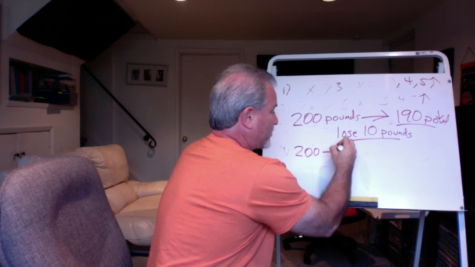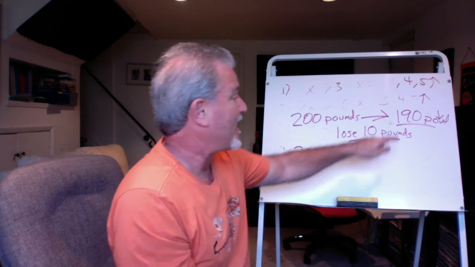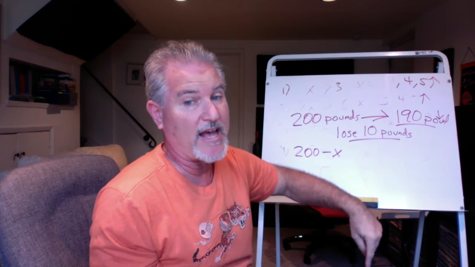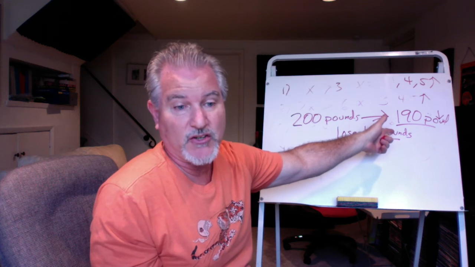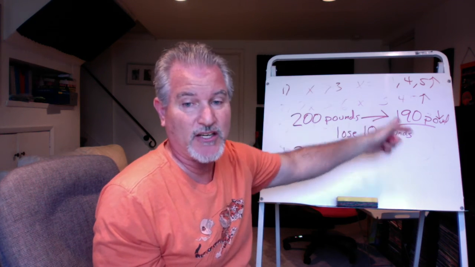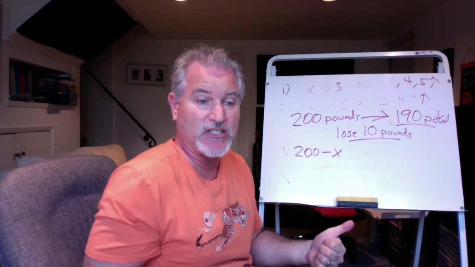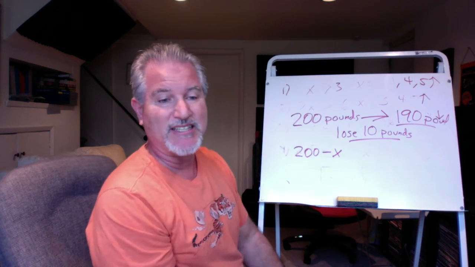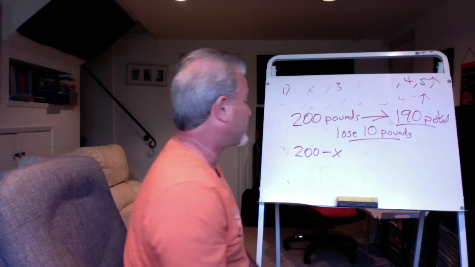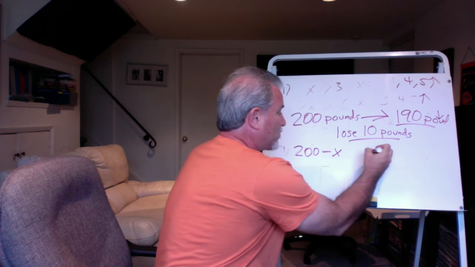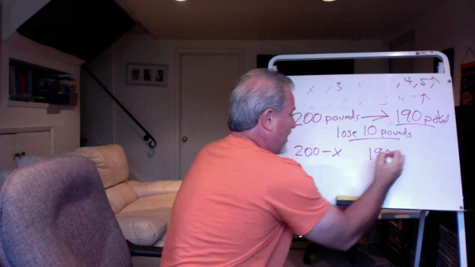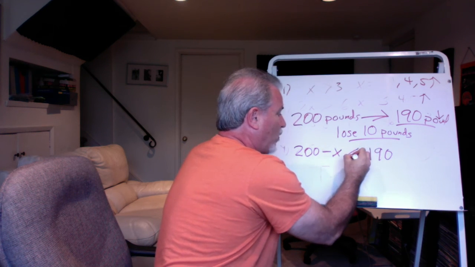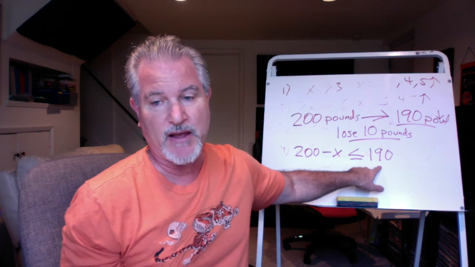minus x, right? And now remember, his goal is he wants to get to 190 or less. If he ends up less than 190 pounds, that's okay too, because he still would have reached his goal. So that means this number has to end up less than or equal to 190 pounds.